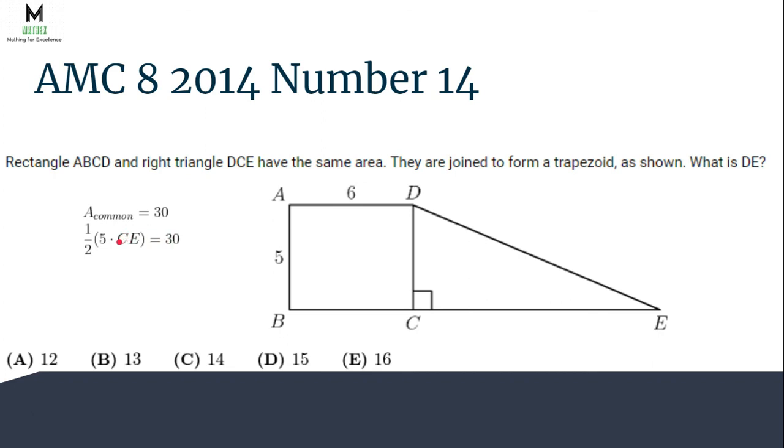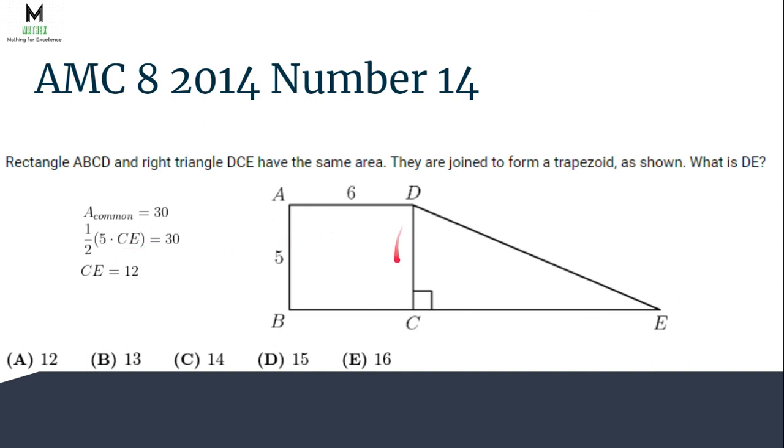This is just the classic equation, 1/2 base times height. In this case, we know the height to be 5, and we don't know the base, so we express it as CE. Solving it algebraically, we get CE to be 12 by multiplying 30 by 2 and dividing by 5.